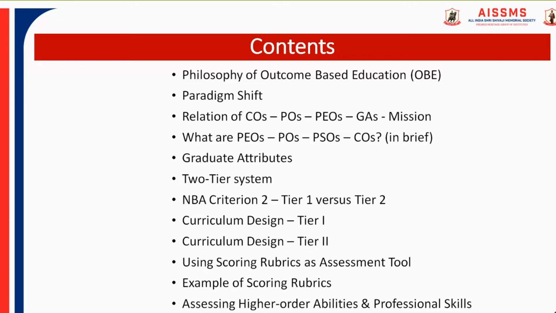The curriculum design basically comes under criteria 2, so I will go into the points in the format. We will look at curriculum design for tier 1 and for tier 2.